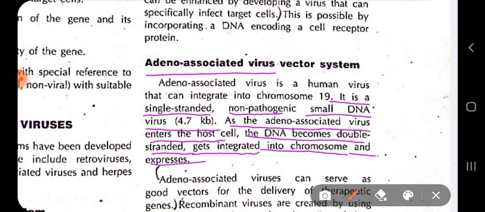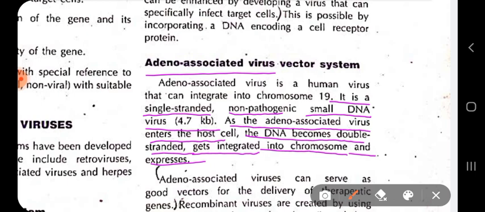We can also use the adeno associated virus vector system, where this adeno associated virus is a single stranded non pathogenic virus whose size is not more than 4.7 kb. Size refers to the DNA size, the genome found within this adeno associated virus is 4.7 kb only.